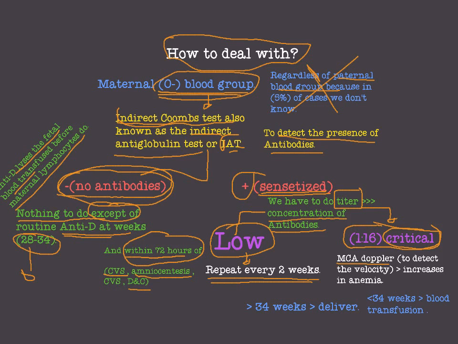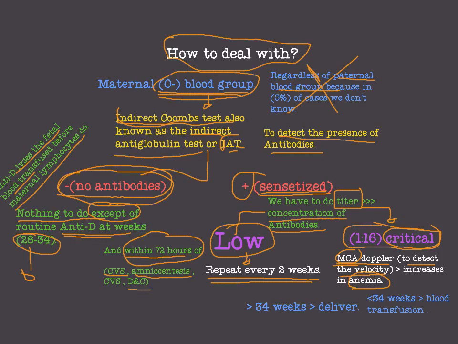The aim behind doing it is to detect the velocity of blood flow in the middle cerebral artery, because the velocity and flow increase in the middle cerebral artery in cases of anemia. So what we want is to evaluate that anemia. Is it severe or not?